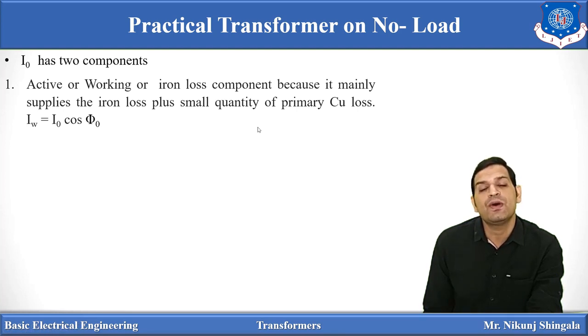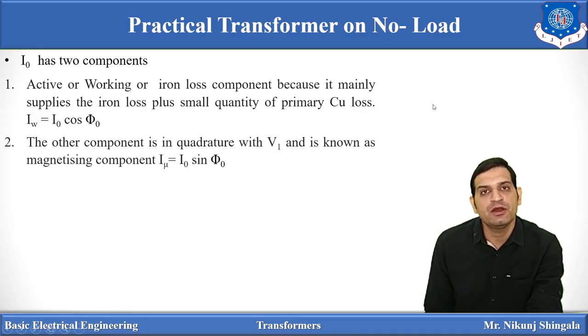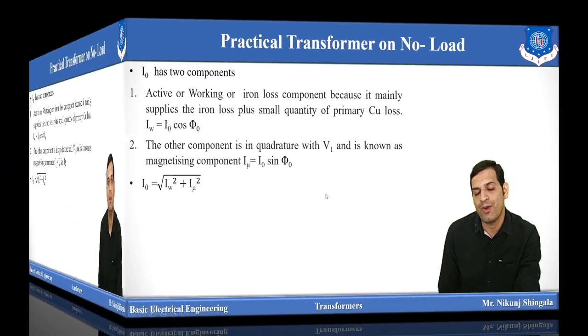The next component is the magnetization component of the current, the reactive component of the no-load primary current, denoted by I mu, which is in quadrature with V1. It is given by I mu equals I0 sin phi 0. So IW is the active component and I mu is the reactive component of the current. From the phasor diagram, we can say I0, the no-load primary current, is the phasor sum of I mu and IW, so it is given by the square root of IW squared plus I mu squared.